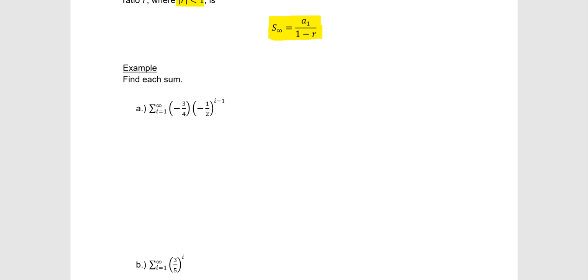But now we can just use this shortcut. So we can say the sum of every term equals the first term divided by 1 minus the common ratio. So the first term, a sub 1, is actually right in front of us.